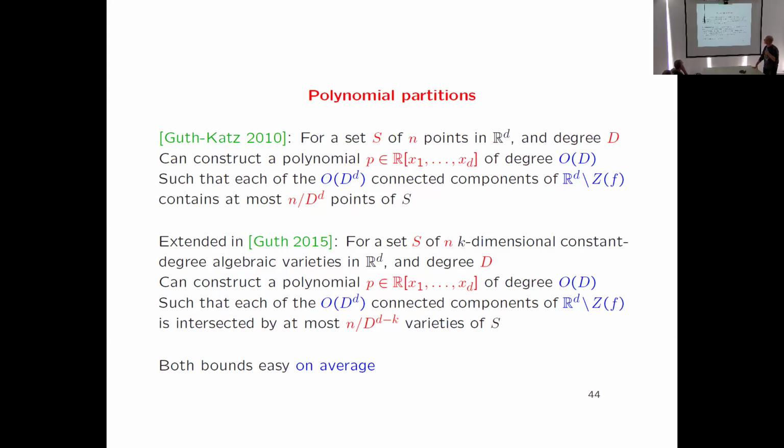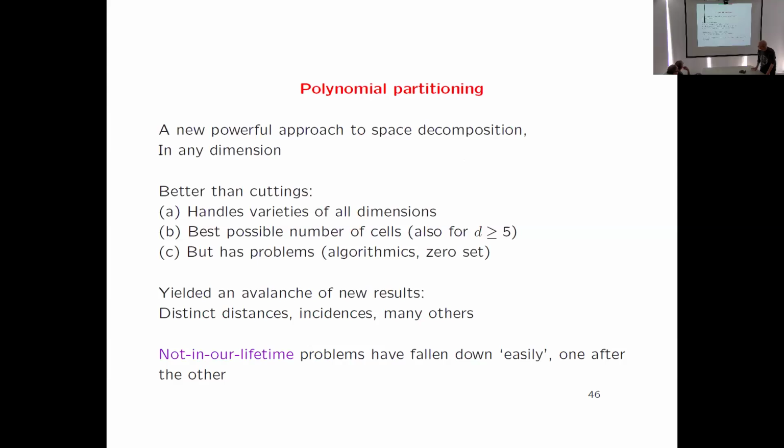Agarwal extended it, where instead of points you have k-dimensional varieties, like lines, surfaces, or whatever, and you get the same result, except that now each cell of the decomposition is crossed by at most n over D to the d minus k, which again is the correct bound on average. Again, it follows from a non-trivial result in algebraic geometry, but the fact that it holds for every cell is strong, very significant.